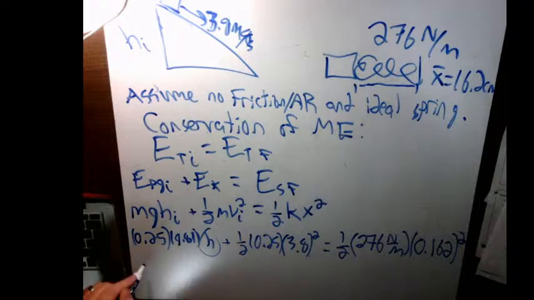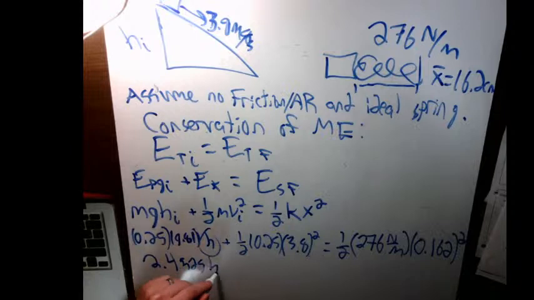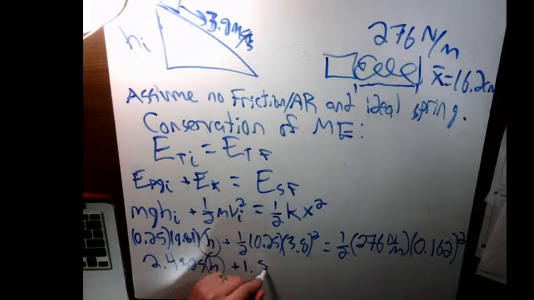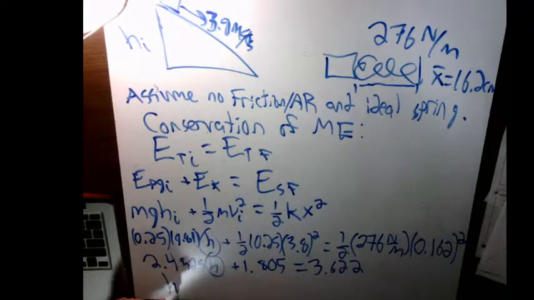So we get 2.4525 times our unknown h plus 1.805 joules from our kinetic energy is equal to 3.622. So we can solve for h.